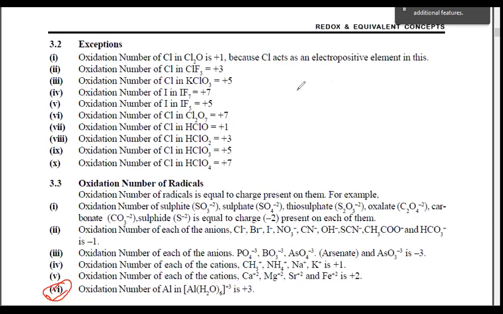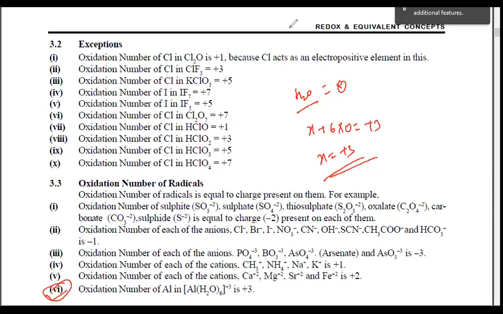For example, H2O. What is the charge of H2O? Tell me, everyone. 0. Charge of H2O is 0. Yes, very good. And what is the overall charge? Overall charge is +3. So I can say that x plus 6 into 0 is equal to +3. X is +3. As simple as that. Got it, everyone?